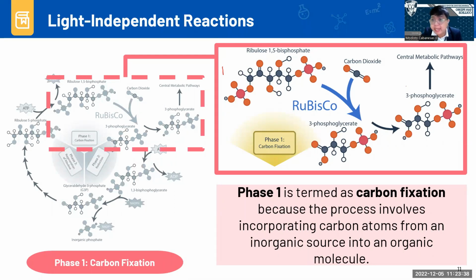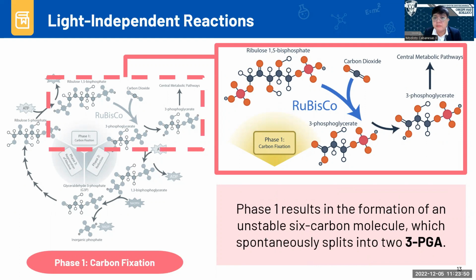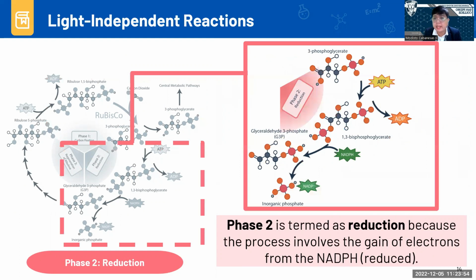Yan. Yung gray na circle, that's the carbon, ha. Okay, our 3-PGA, that's the end of phase 1. Then si phase 2, reduction. Yan, basahin nyo na lang to. Parang doon sa in-explain natin, same lang naman siya.